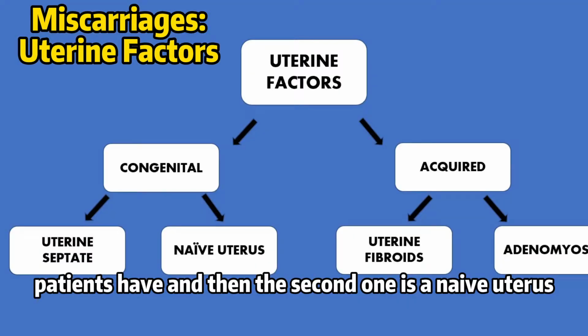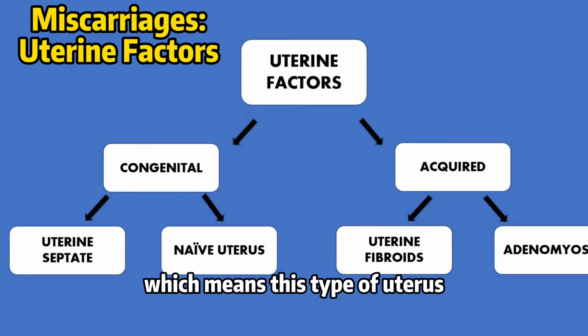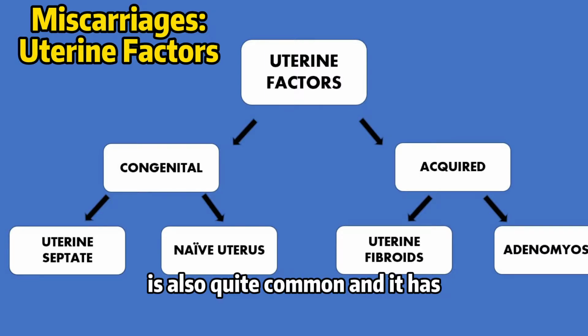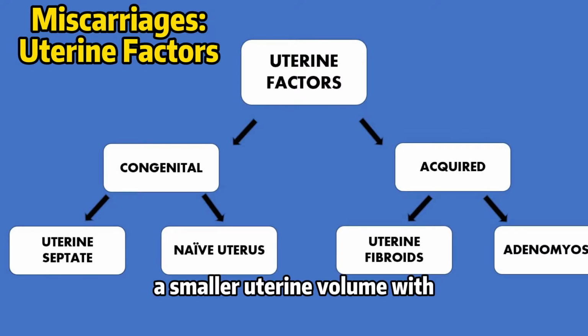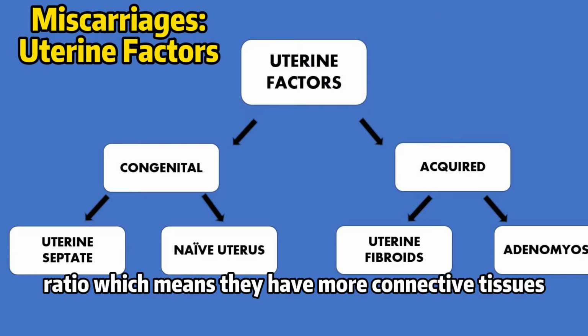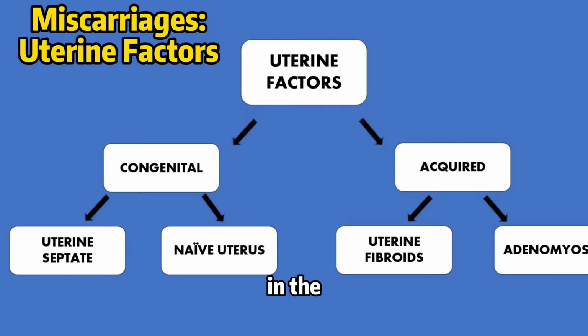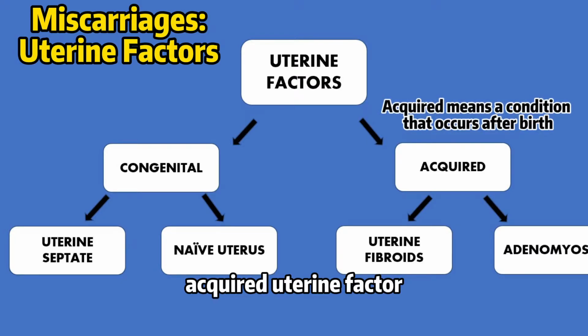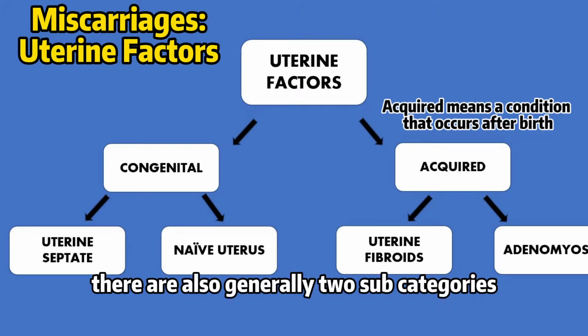The second is a naive uterus, which is also quite common, and it has a smaller uterine volume with an imbalance in the tissue ratio, which means they have more connective tissue.